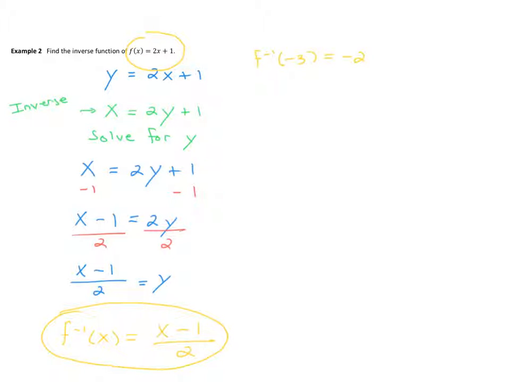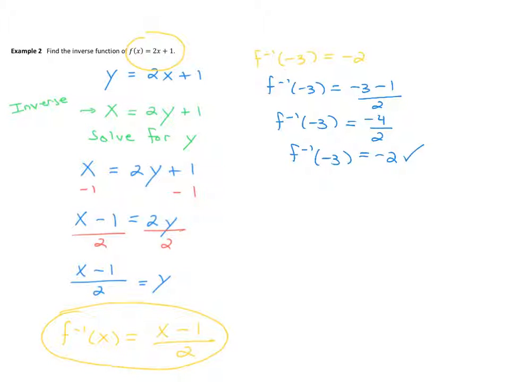In my formula, f inverse of negative 3 would be negative 3 minus 1 over 2, which is negative 4 over 2, and what do you know, f inverse of negative 3 is in fact negative 2. So that matches up with the previous example.